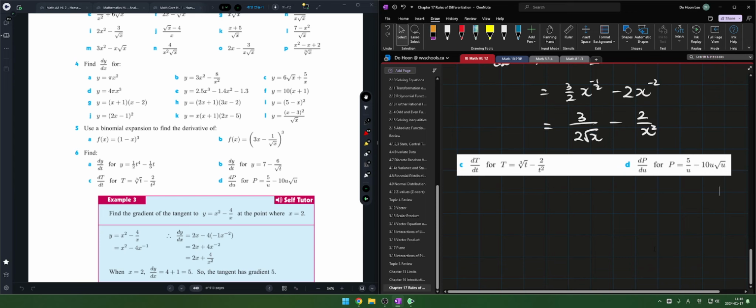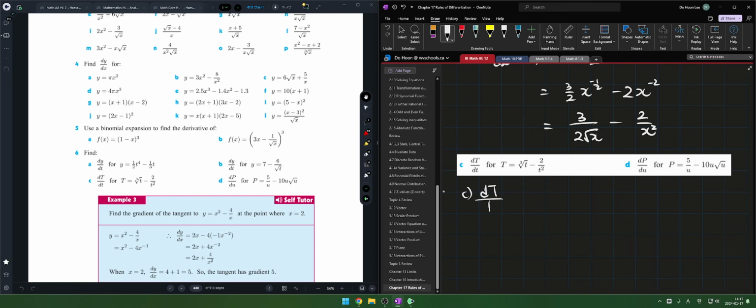I'll do the first one, second one, as usual. dT over dt, big T over small t. So, before that, I'll just rewrite T as t to the power of 1 over 3, minus 2 times t to the power of negative 2.